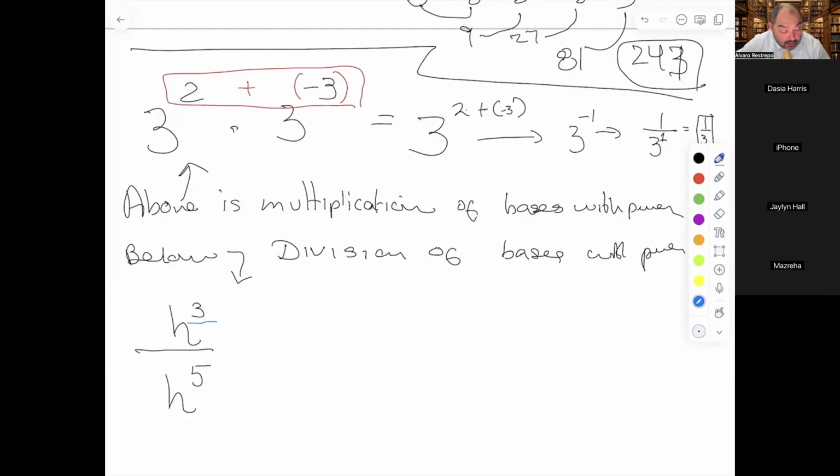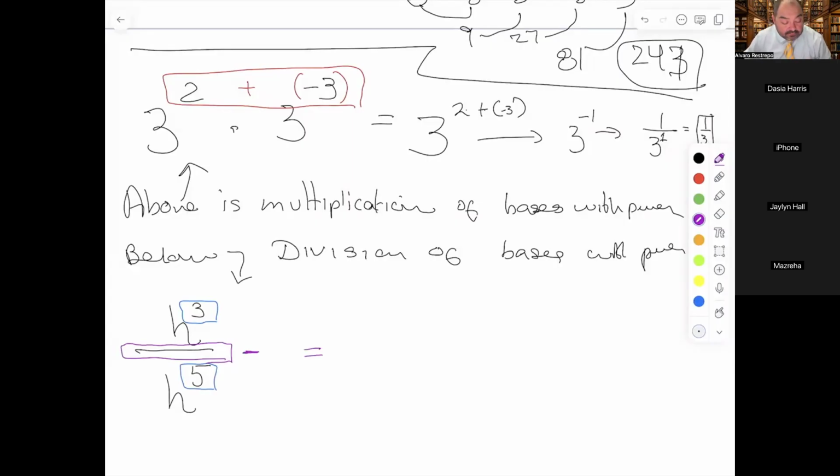I have a power and I have a power. But I also have a division sign. What did I say about division signs? It's a negative. We're going to subtract them.